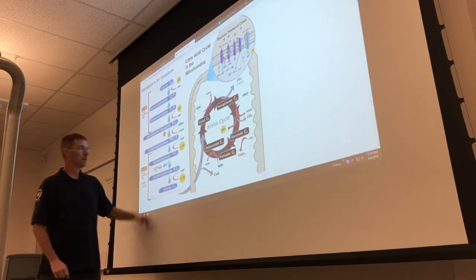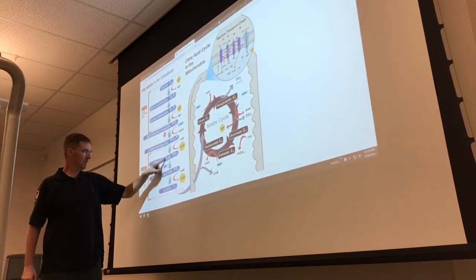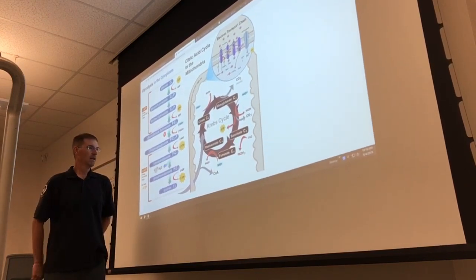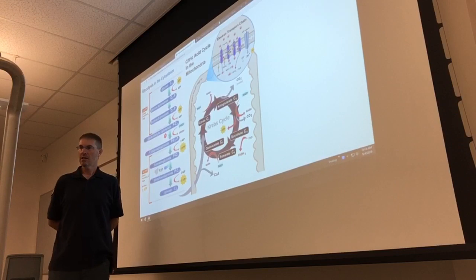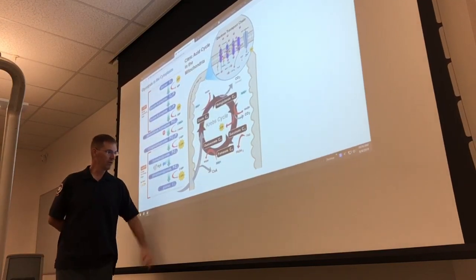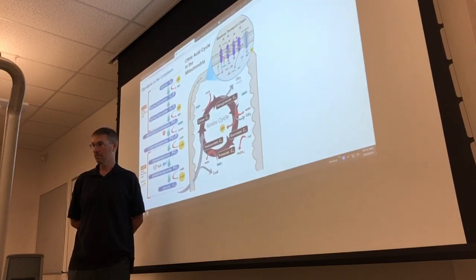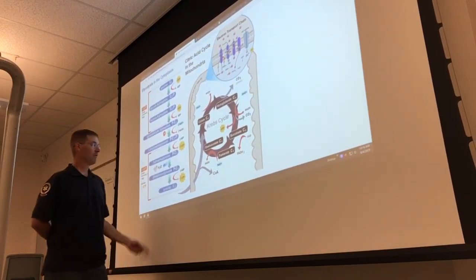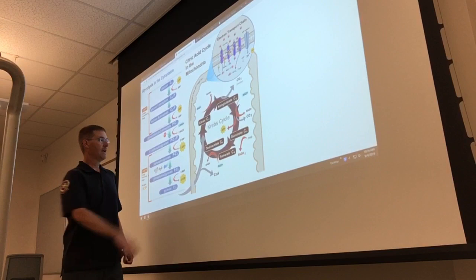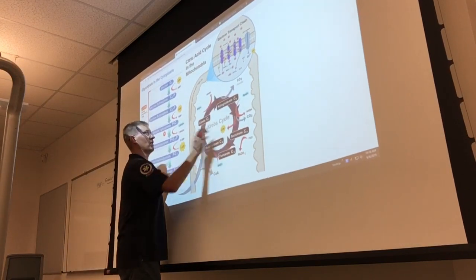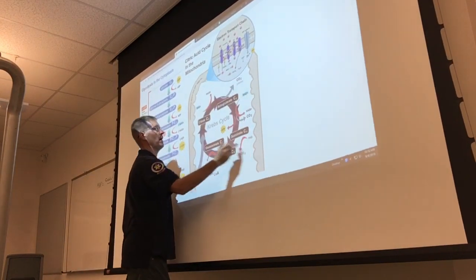At the end of the day, pyruvate comes out, and pyruvate gets converted into something called acetyl coenzyme A, or acetyl-CoA. Pyruvate gets turned into acetyl-CoA, and then it gets fed into the Krebs cycle, which is within the mitochondria.